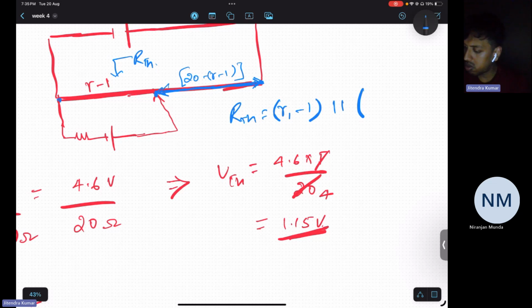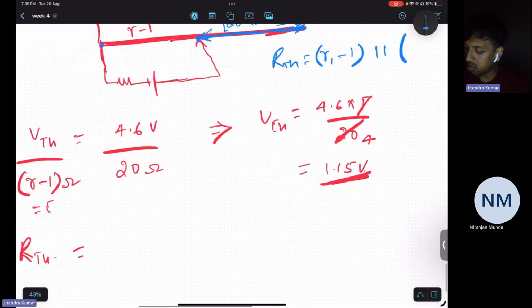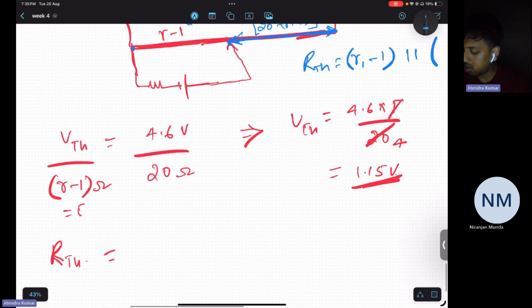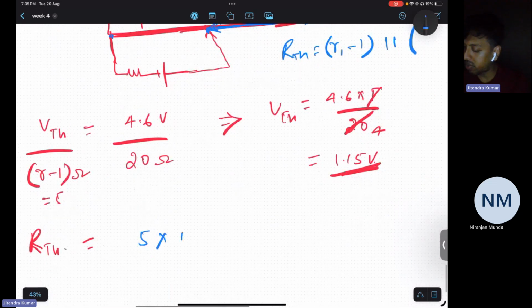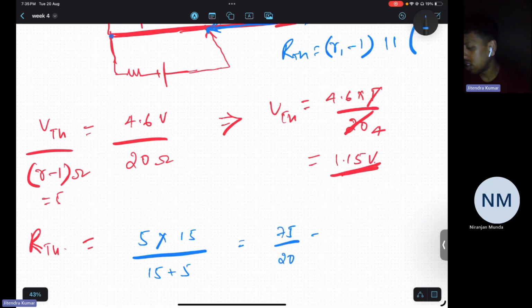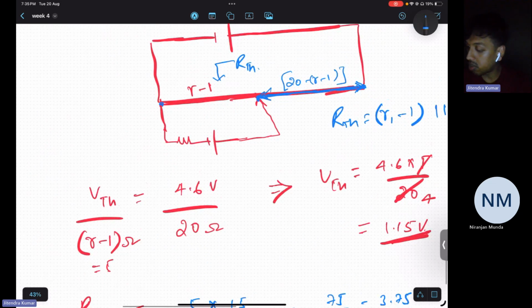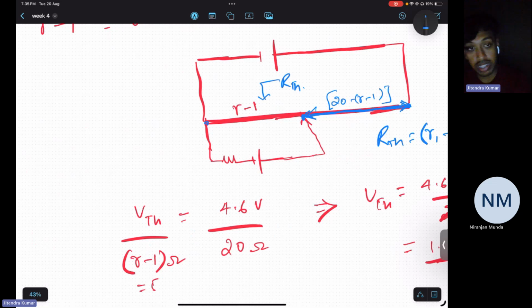So now what we can do: RTH is equal to R minus 1, which is 5, into 20 minus 5, which is 15, divided by 15 plus 5. So 75 by 20, it will be 3.75. Now we will match with this process, R minus 1 parallel with R test.